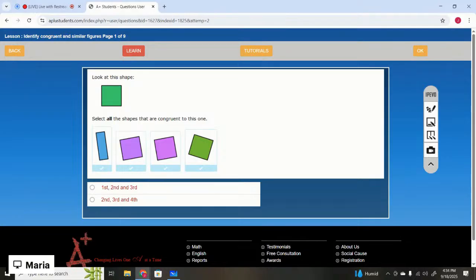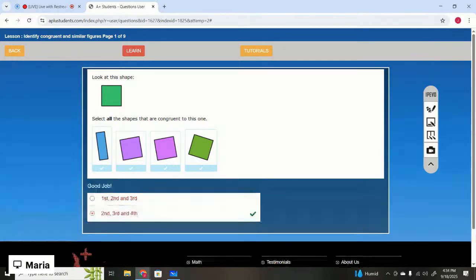So which is the correct option? That is second, third, and fourth. Option number two is the correct option.